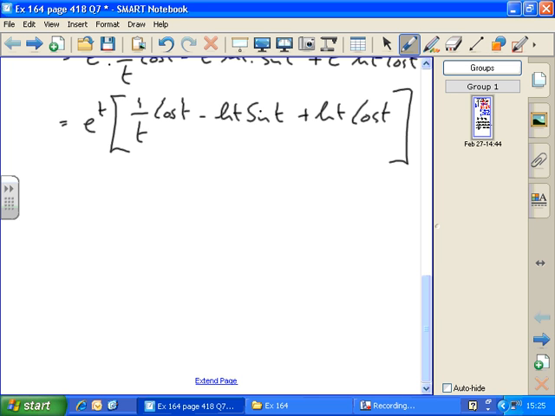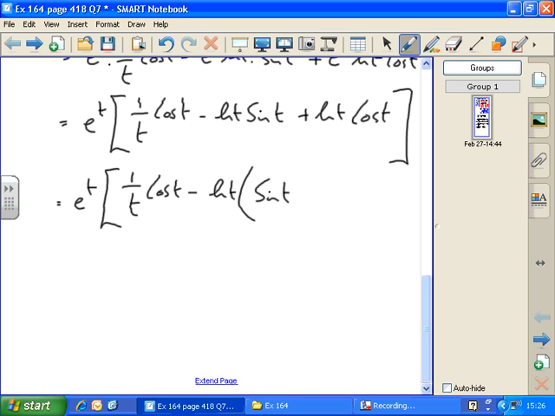And if we look at that, inside this square bracket we could take log t outside another bracket. So we get e to the t, 1 over t cos t, and then minus, taking log t outside a bracket, we get the sin t.